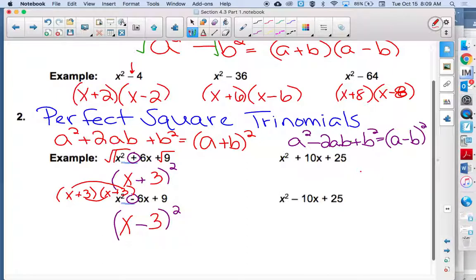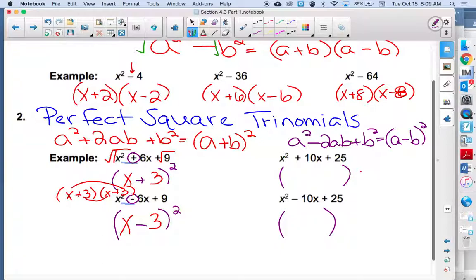Again, it's a quantity squared because we're dealing with perfect squares. 3 times 3 is 9, or 3 squared is 9. And then the next one next to it here, x squared plus 10x plus 25 versus x squared minus 10x plus 25. Veronica, do you know how that would factor?